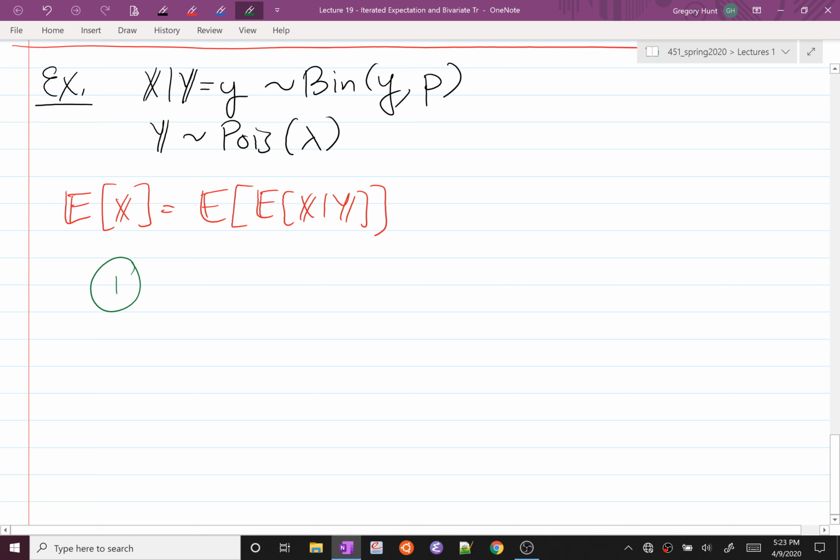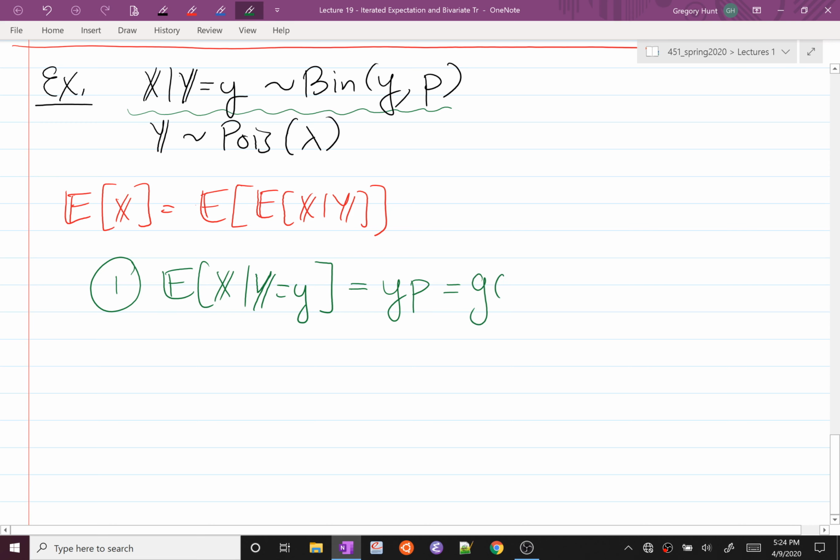First, I want to look at the expected value of x given y is some value little y. Now, conditional on knowing the value of y, x is binomial y, p. And so the expected value of a binomial y, p is y times p. So this is our g of y. P is just a constant, right?